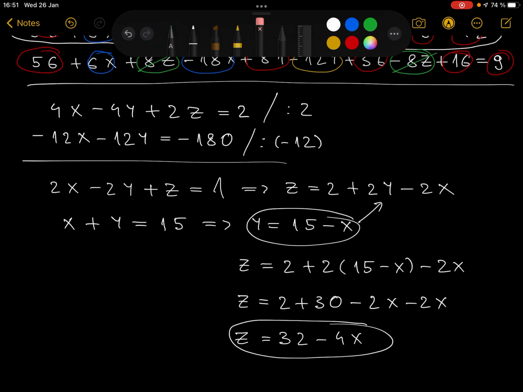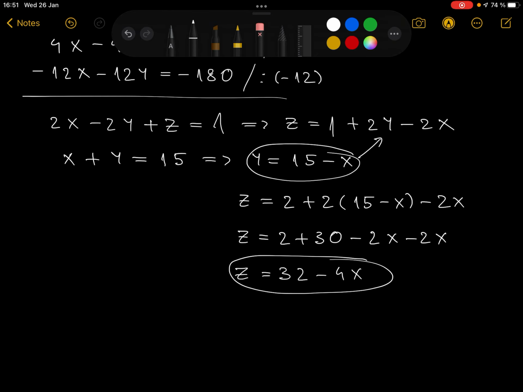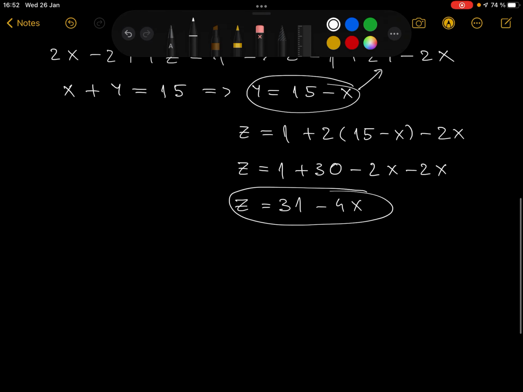So z is equal to 1 plus 2y minus 2x, and we have to correct them here as well. 1, 1, and here it's not going to be 32, it's going to be 31. So z is 31 minus 4x.